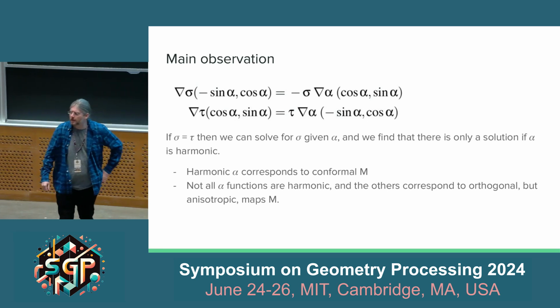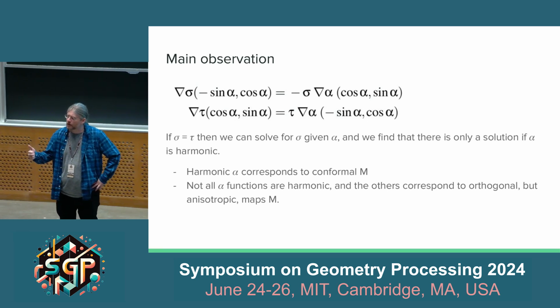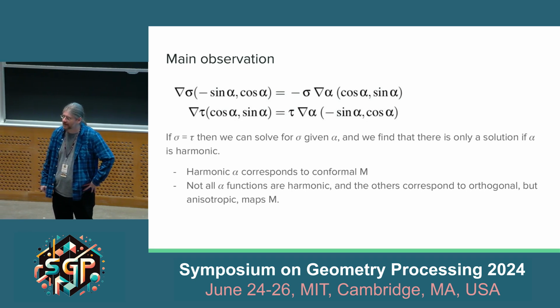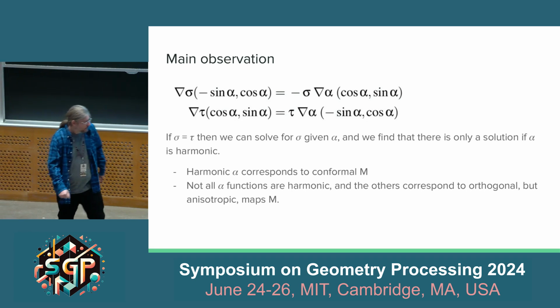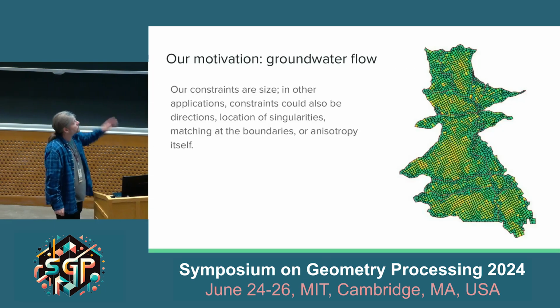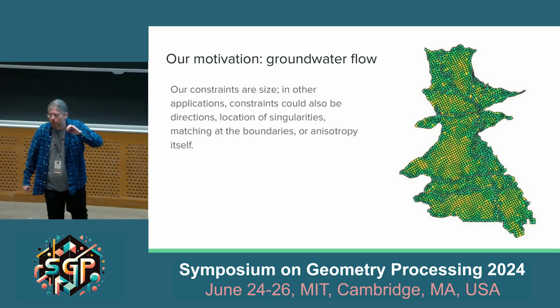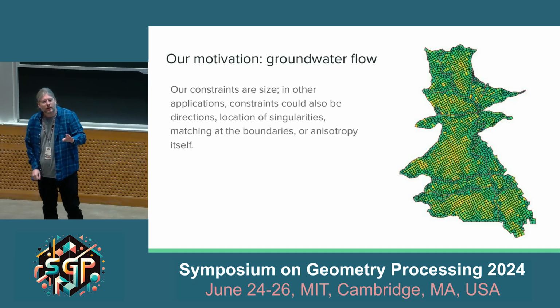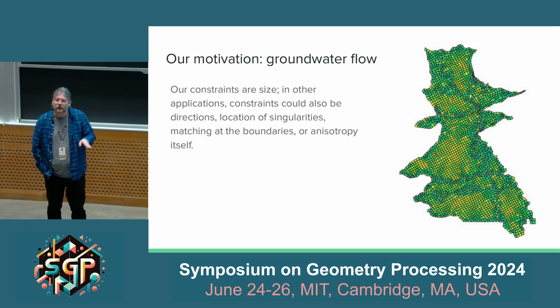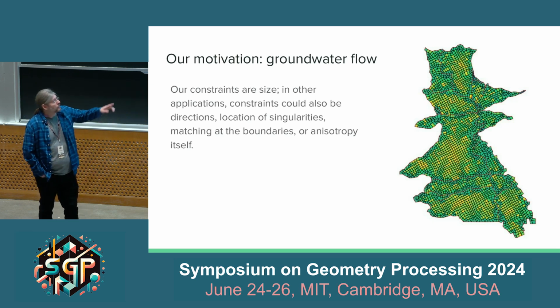Sorry, I just had a question about the very beginning of the talk. You said that you were motivated to look into this by groundwater. How are crossfields connected to groundwater in California? We started off working with the Department of Water Resources, where they use Triangle to generate meshes.